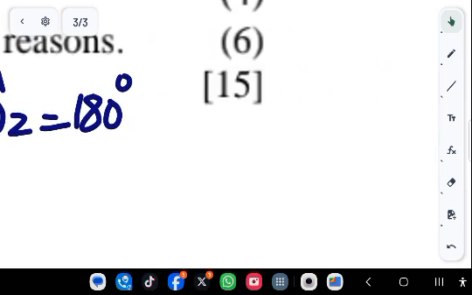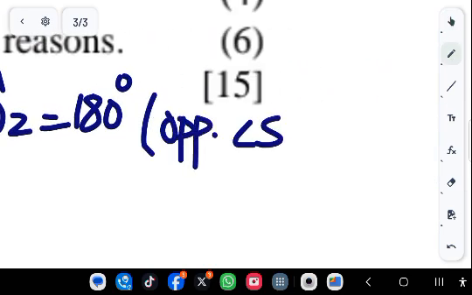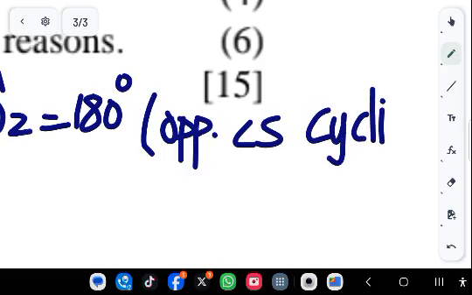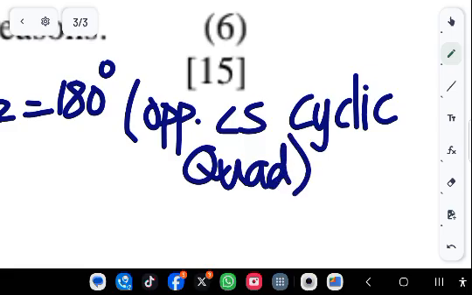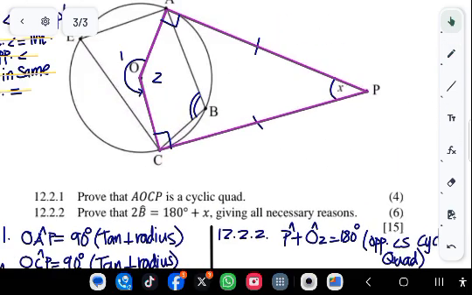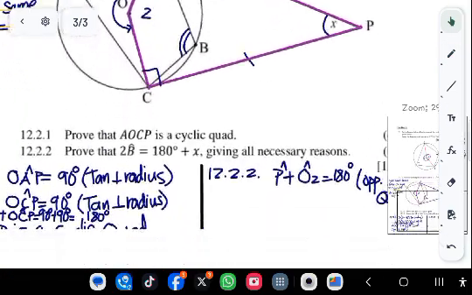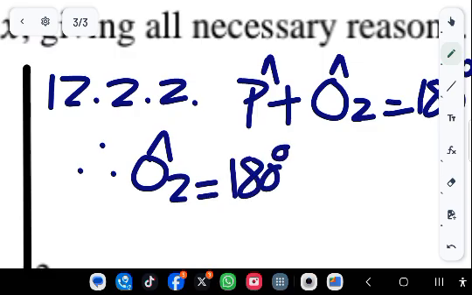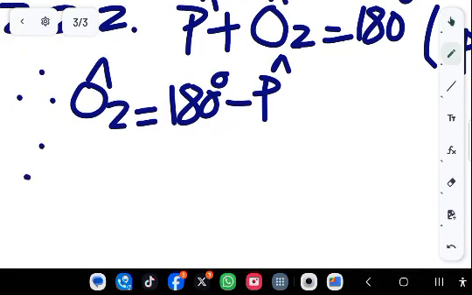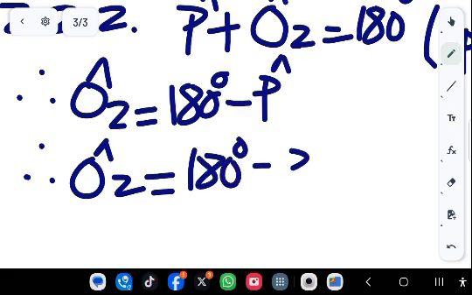And the reason is opposite angles of a cyclic quad. We just proved that this is a cyclic quadrilateral. Therefore, angle O2 will be equal to 180 degrees minus P. But we know that angle P is equal to X. Therefore, angle O2 will be equal to 180 degrees minus X.